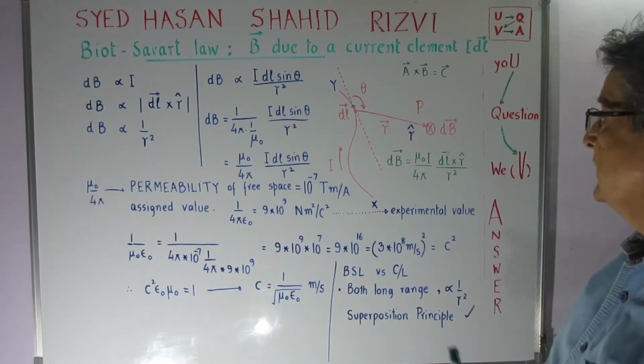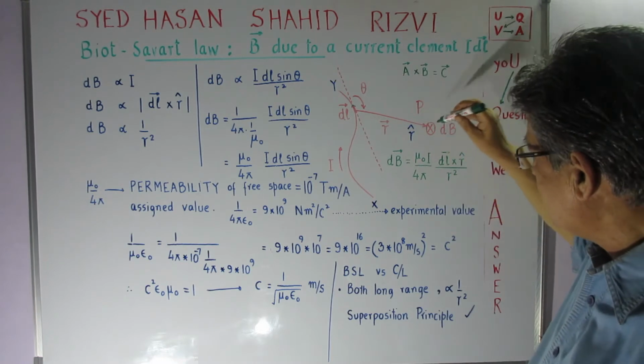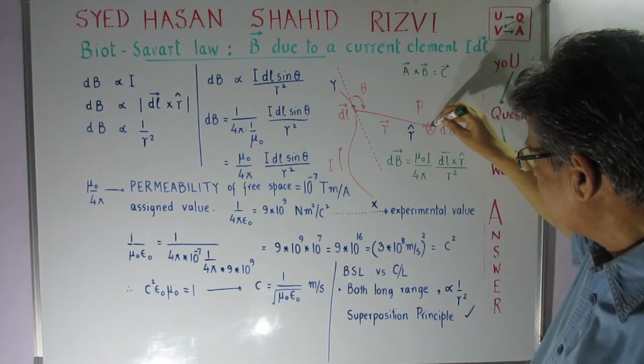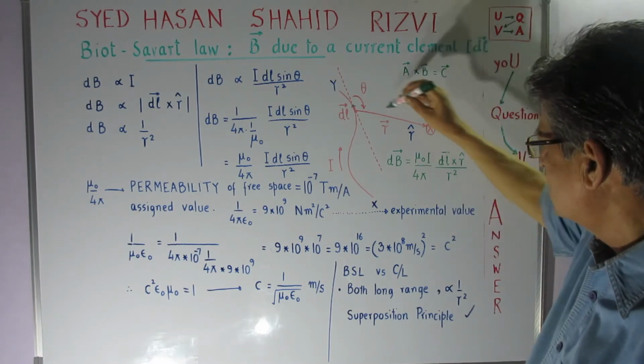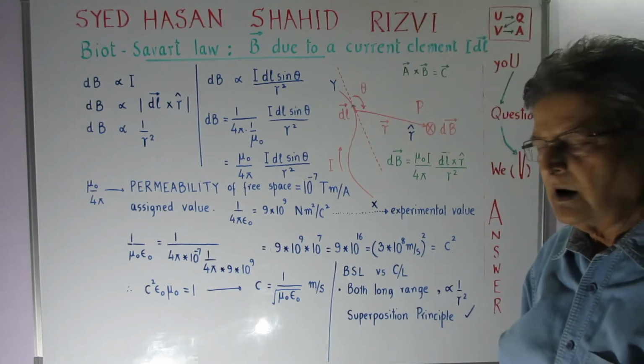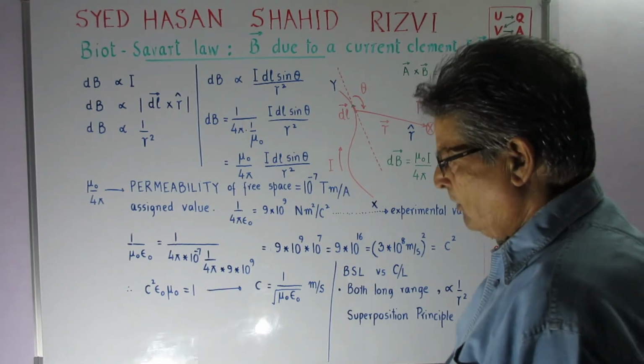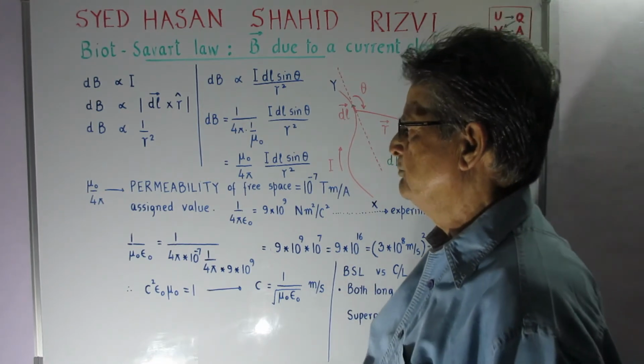But here there is a distinction: the magnetic field that we obtain is perpendicular to the plane containing dl and r, or dl and r cap. Okay. Now what are the things that we find?